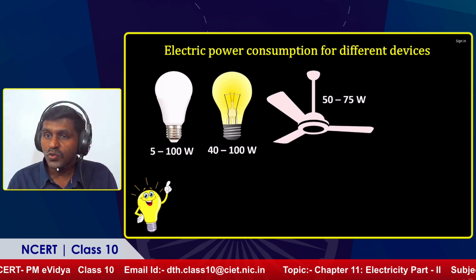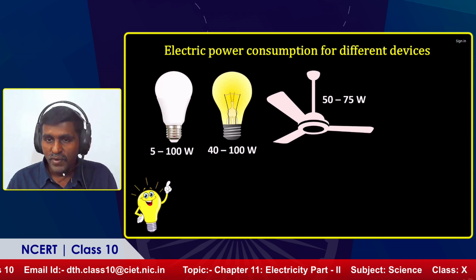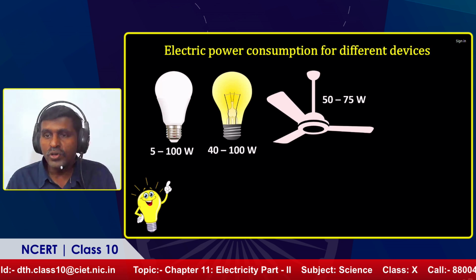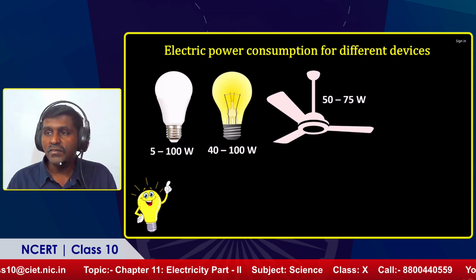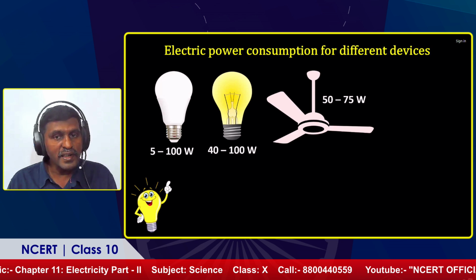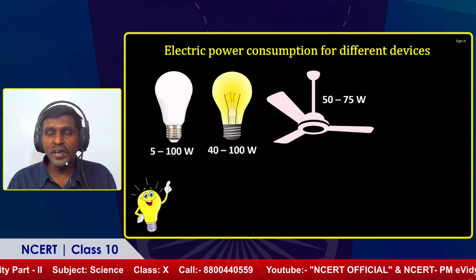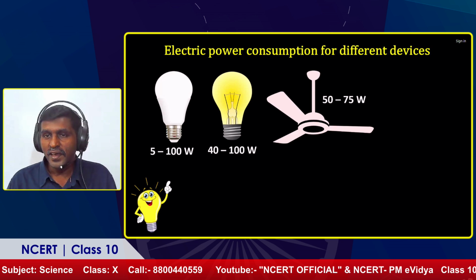Similarly, the fan uses around 50 to 75 watts. Whenever we are going to buy a fan, we have to look at these things, because the technical specification is important while we are purchasing devices.